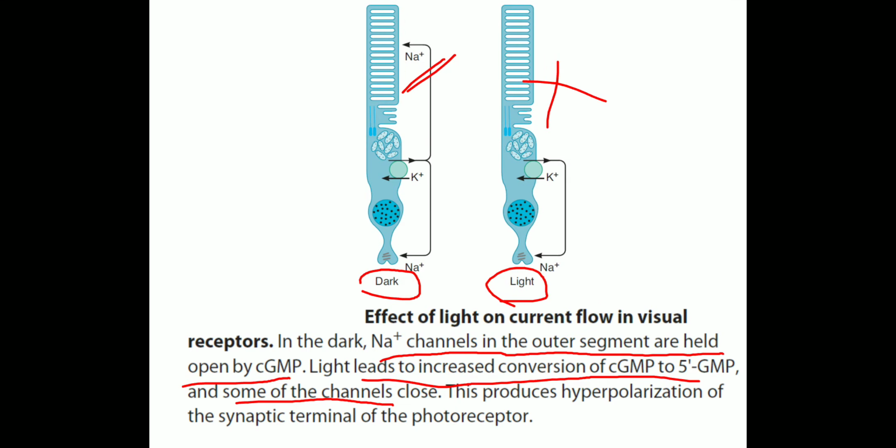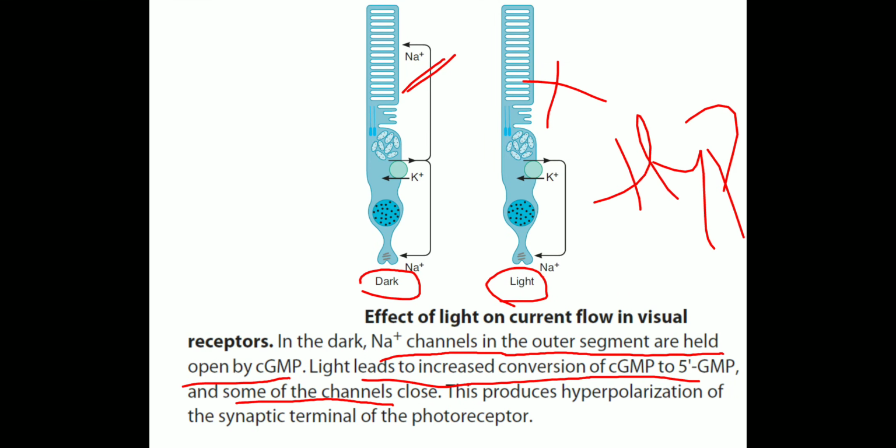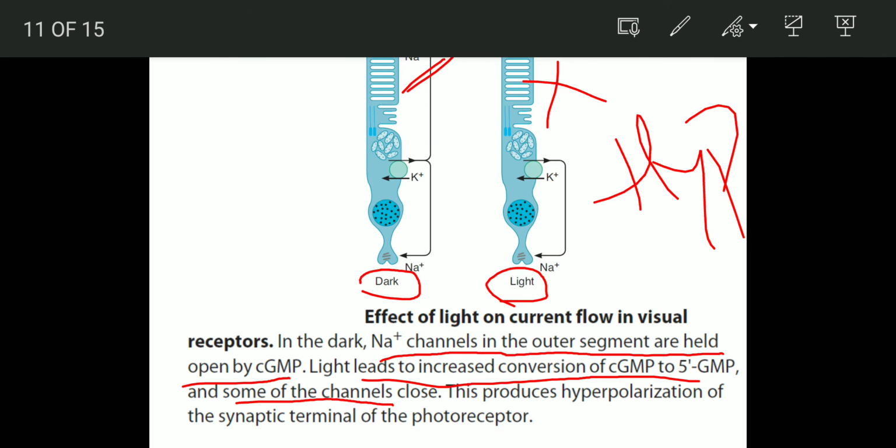And this will cause hyperpolarization. Once there is hyperpolarization of the synaptic terminals, this will release the glutamate, and this will send the signal to the bipolar cells.